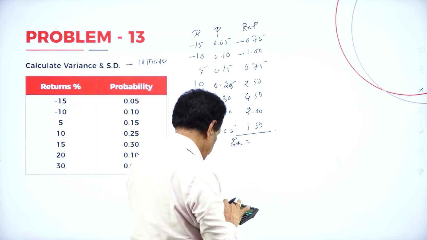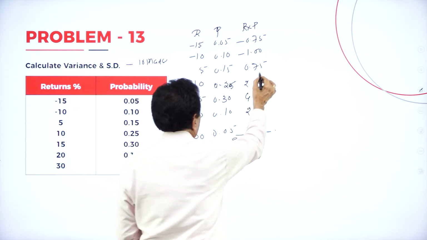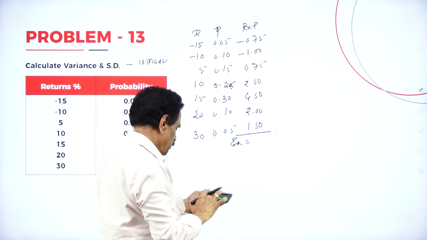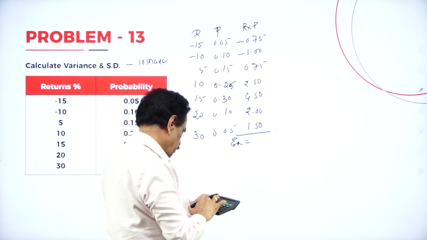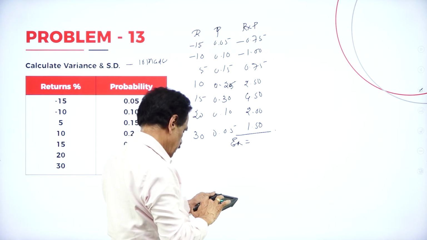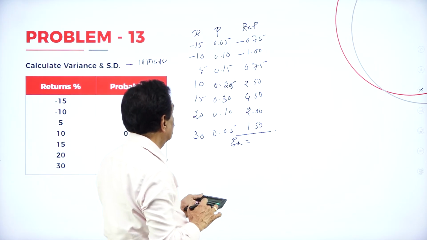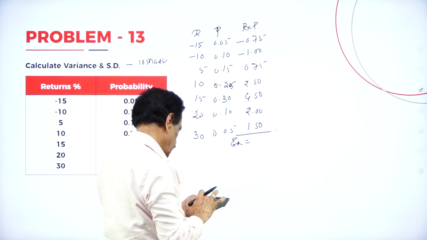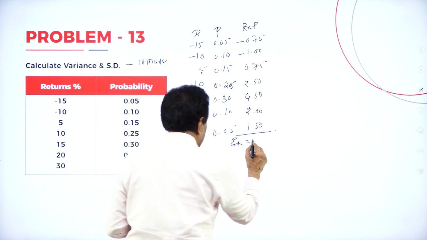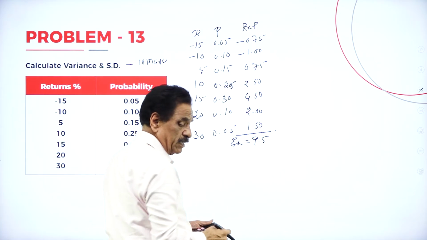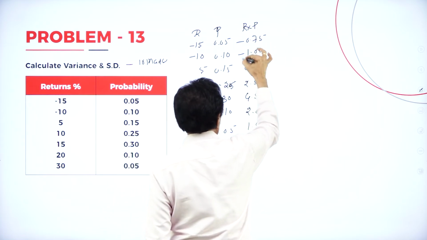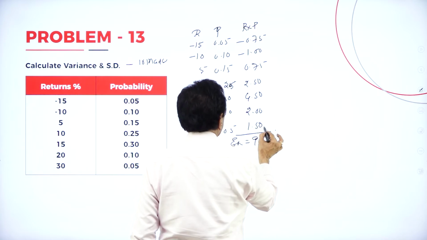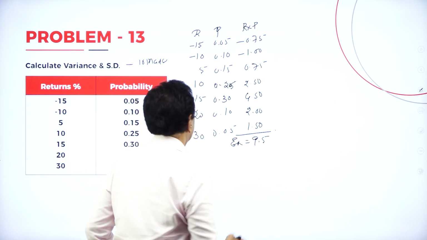The 0.75 and 0.75 will go. 1.50 plus 2 plus 4.50 plus 2.50 minus 1 is 9.5. Check this. 0.75, 0.75 will go. 10.5 minus 9.5.